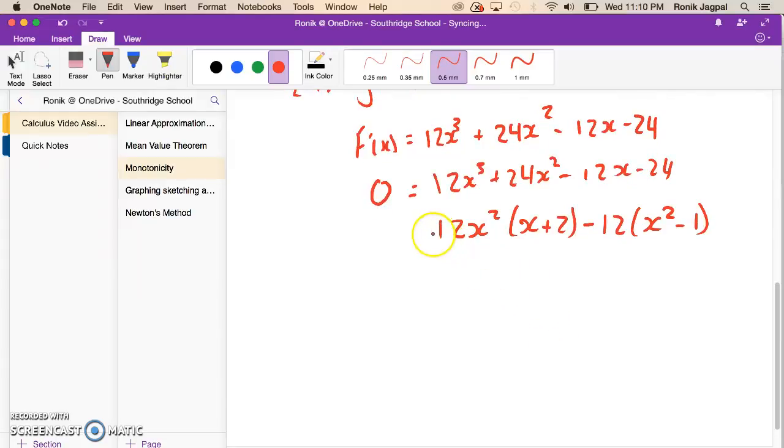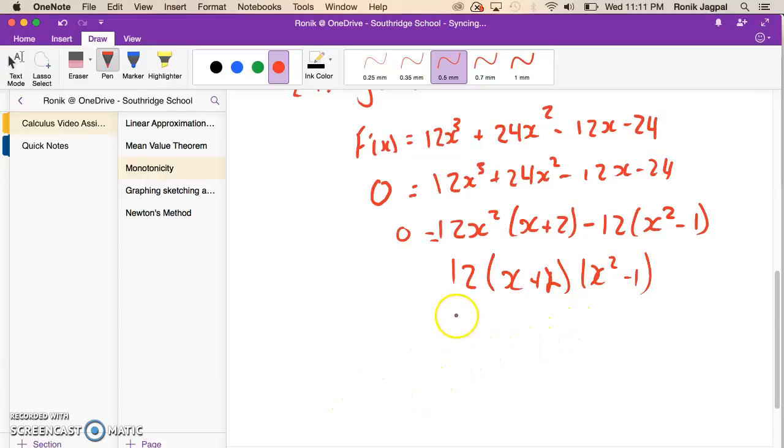After that, I then pulled out another 12. So I got 12 times (x plus 2) times (x squared minus 1).